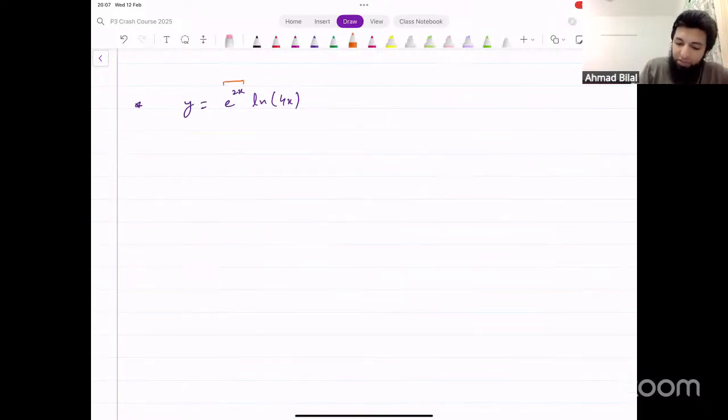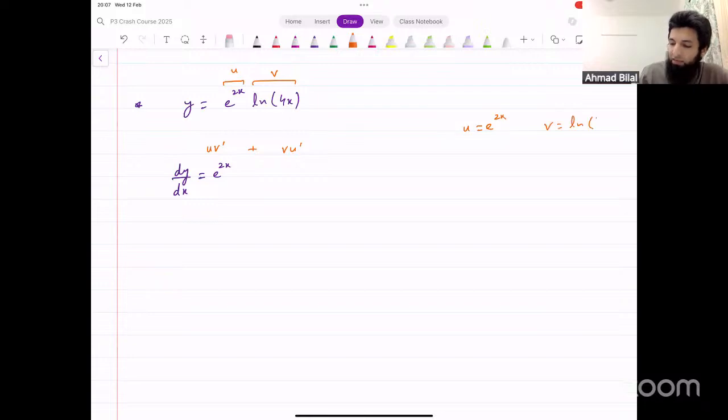We have two expressions. Let's call one of them u and the other v. Okay, and now dy over dx, what is that going to be? uv dash plus vu dash. That's what the derivative is going to be. dy over dx equals u, which is e power 2x. Or you can actually write it on the side first. u equals e power 2x and v equals ln of 4x.